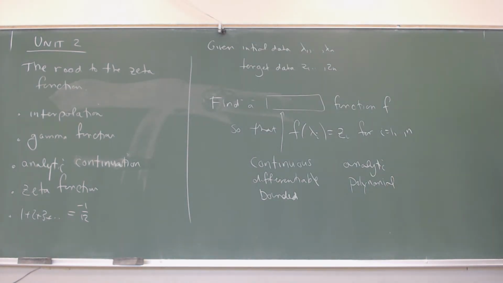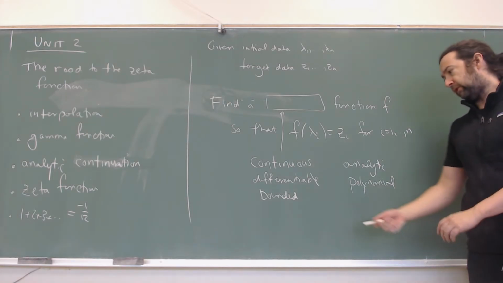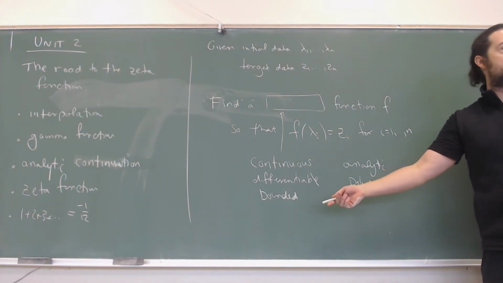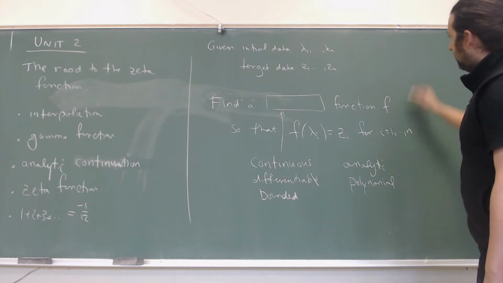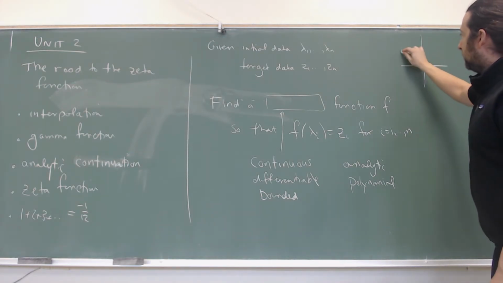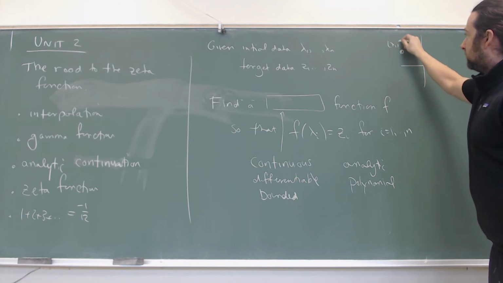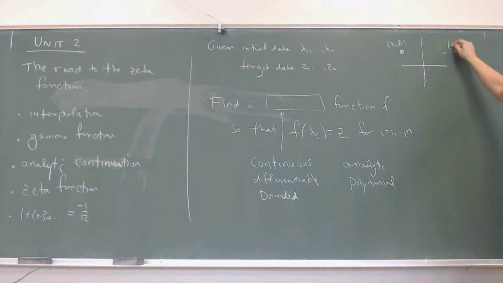So whatever you need for the particular problem. Oftentimes in engineering contexts, you need the function to be bounded in some specific way, so the system that you're studying stays under control. But the basic picture is this: I give you a couple of points, lambda 1, z1, and lambda 2, z2, and I say, find me a function that goes through the points.